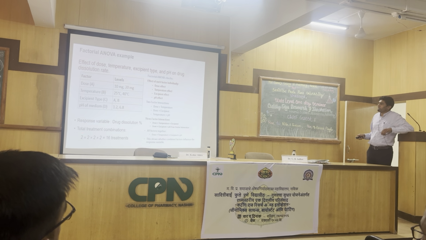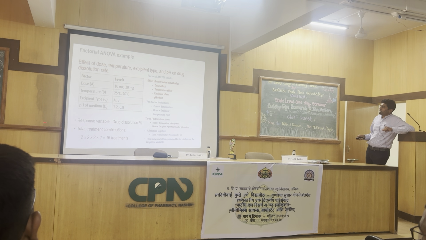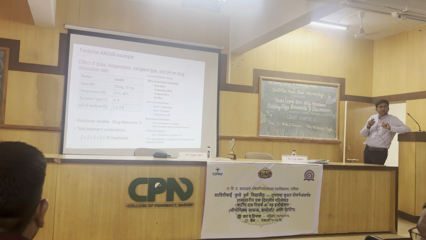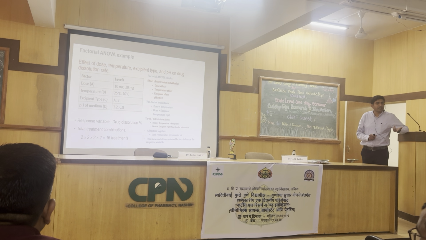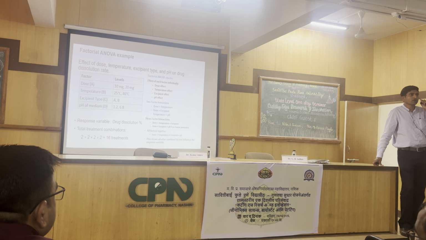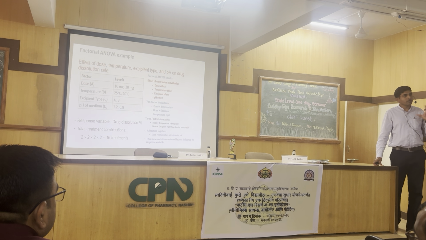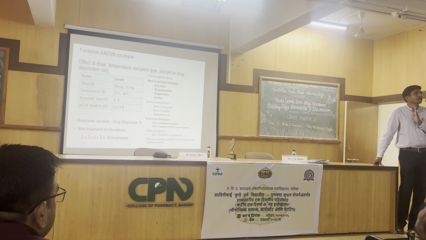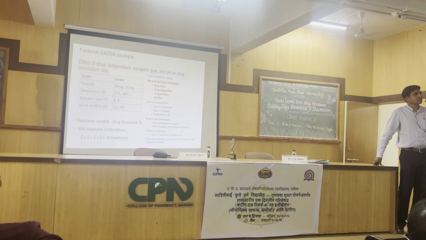So this factorial design has 16 treatments, and the response variable is only one, and it is measured on a continuous scale. So there are different scales of measurement in statistics. You might have a nominal scale, ordinal scale, ratio scale, or interval scale. Ratio scale or interval scale is considered a continuous scale. There is also a discrete scale, like the number of students in this class, where there cannot be a decimal point, 5 or 6.